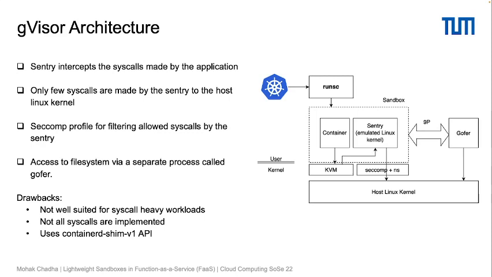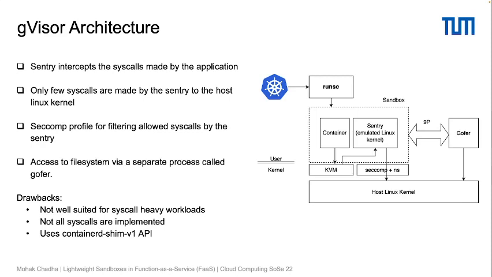Not all of them can be handled by itself. But in that case, they already know there are only like 10 to 20 system calls which they need to make from the sentry to the host kernel. So for that, they can filter it, as the second layer, by creating a seccomp BPF profile and allowing access to only those system calls.